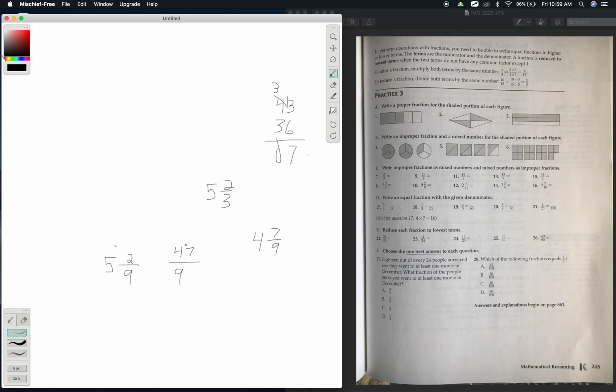So this pretty much lets us know that we have 5 wholes, 5 whole units, with 2 left over. Well, let's say 2 of the 9 left over. Let's do one more of those mixed numbers.